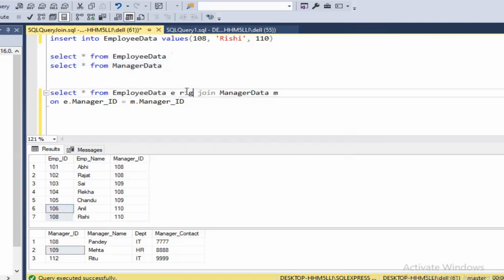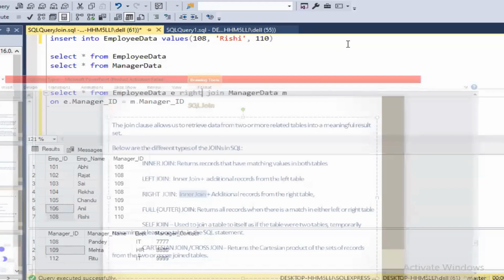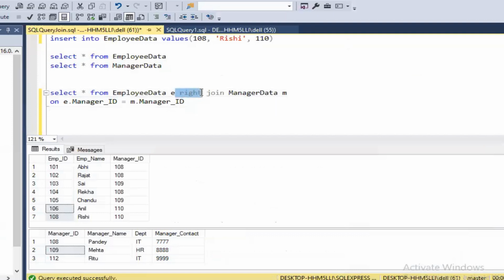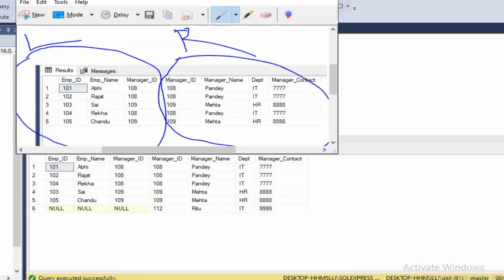Now right join, what is it? Same inner join, but here additional records come from the right table. When I mention right join, the right table is this manager data, and manager data has one additional record. If you see 110, which isn't in employee, there is nothing for 110. Once you run this right join, this side is left, this is right.